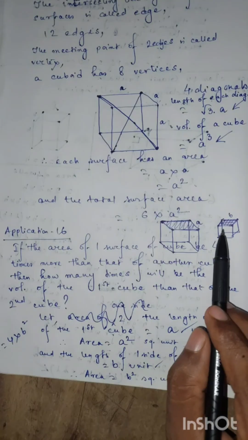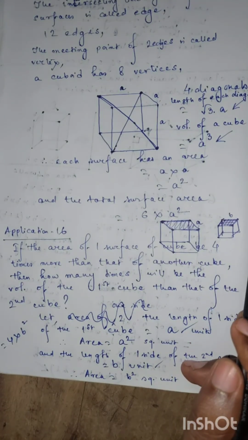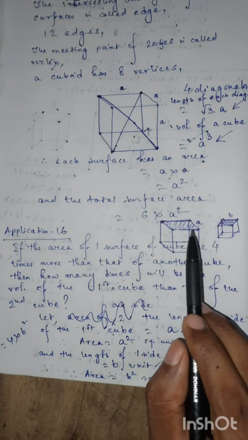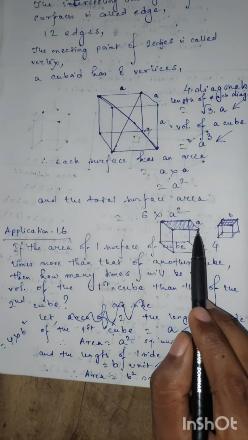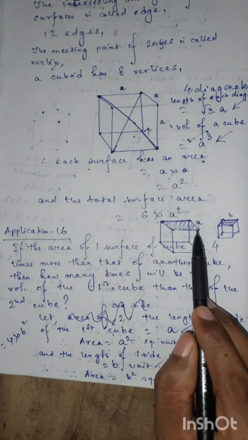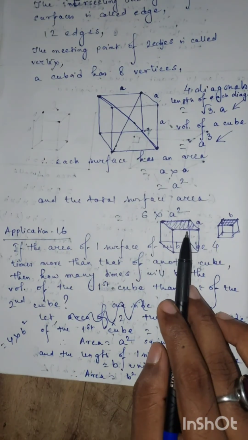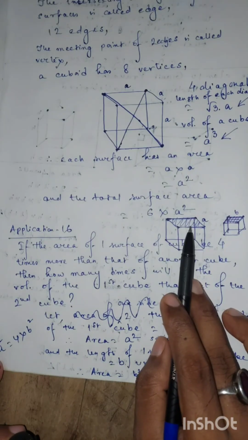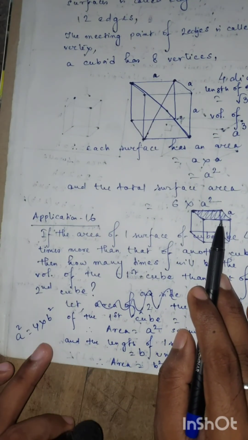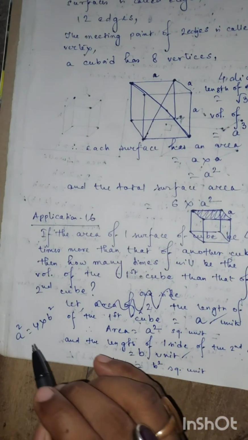Okay, the area of one surface of the first cube is 4 times more than that of another cube. So the area of this surface is actually 4 times the area of this surface.